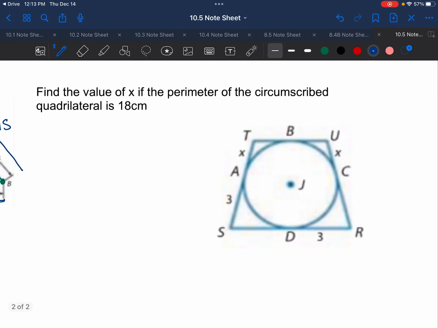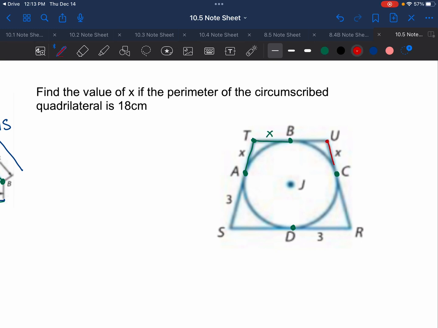Find the value of x if the perimeter of the circumscribed quadrilateral is 18 centimeters. Okay, so using what we know, let's start with T. It's a circumscribed quadrilateral, which means TU is tangent at B, UR is tangent at C, RS is tangent at D, and ST is tangent at A. So since TA is x, that means TB is also x.